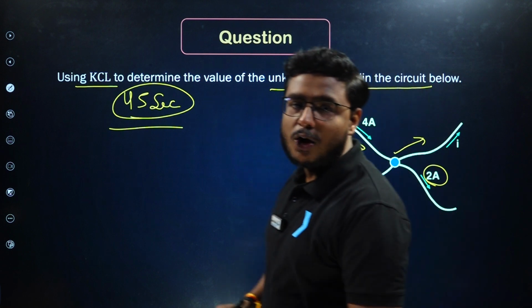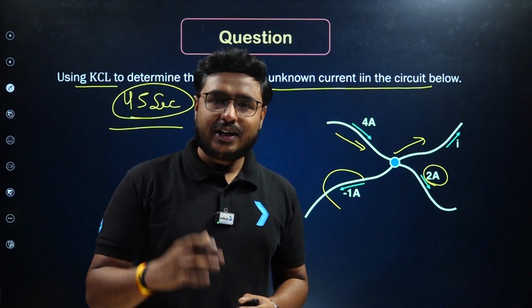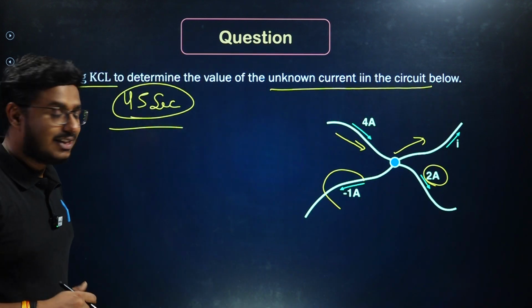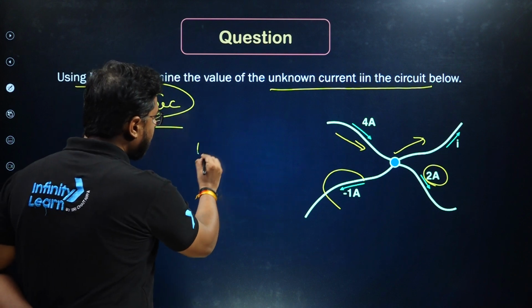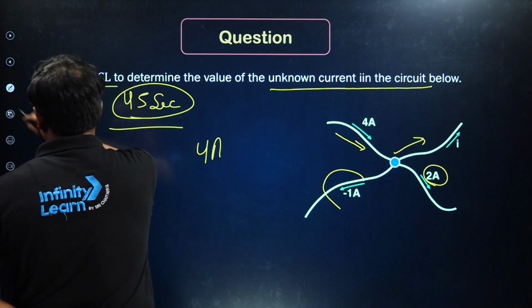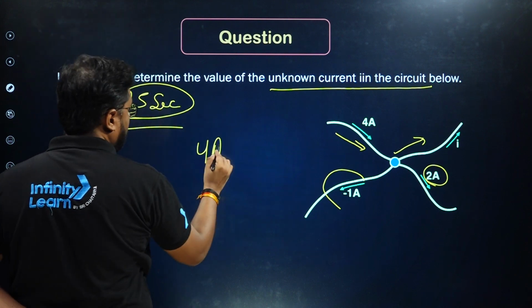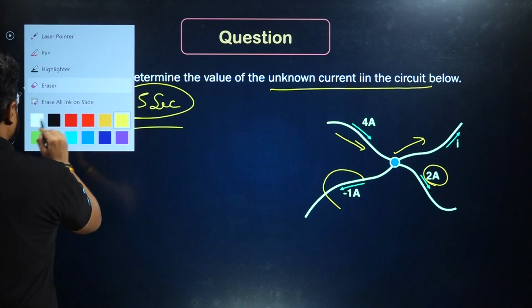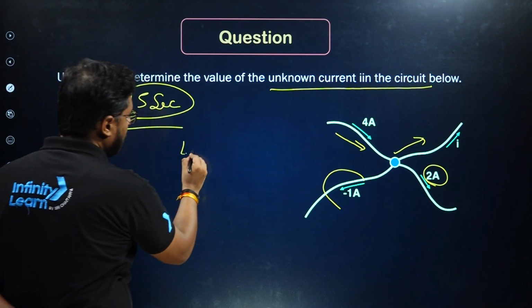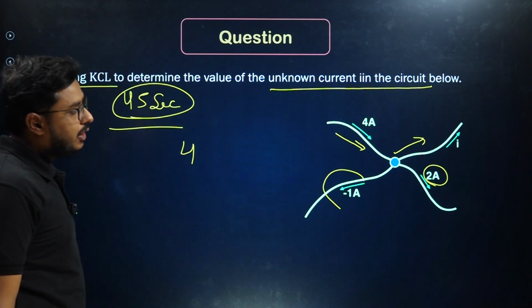Time is up. I hope you all got the answer. Let's see if you got the right answer or not. 4 ampere current is entering the circuit, and no other current is entering.